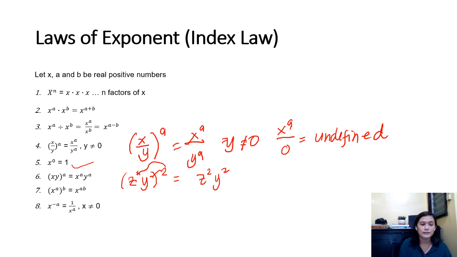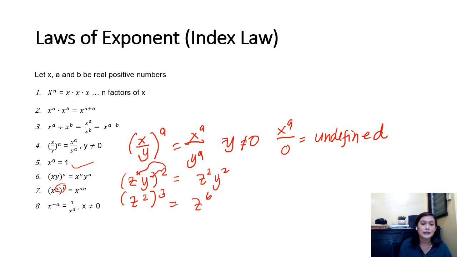If you have the quantity x raised to a, quantity raised to b, it is equal to x raised to ab. It means, class, you just multiply them. For example, you have z raised to 2, the quantity raised to 3. So this is equal to z raised to 6, because you just multiply 2 times 3.